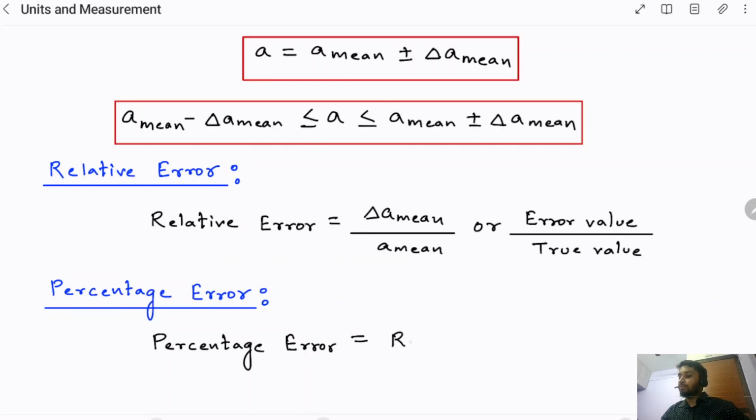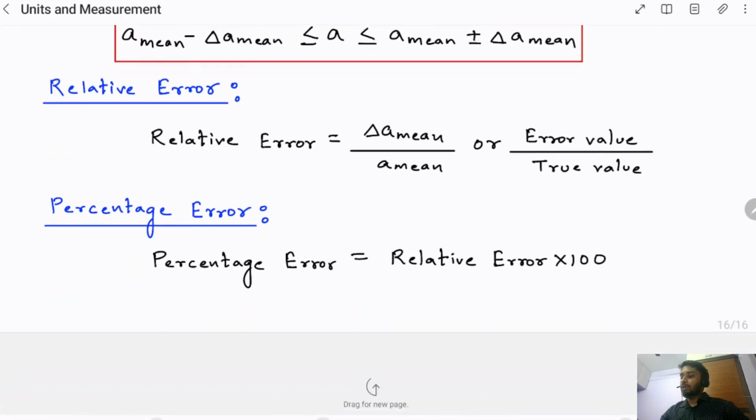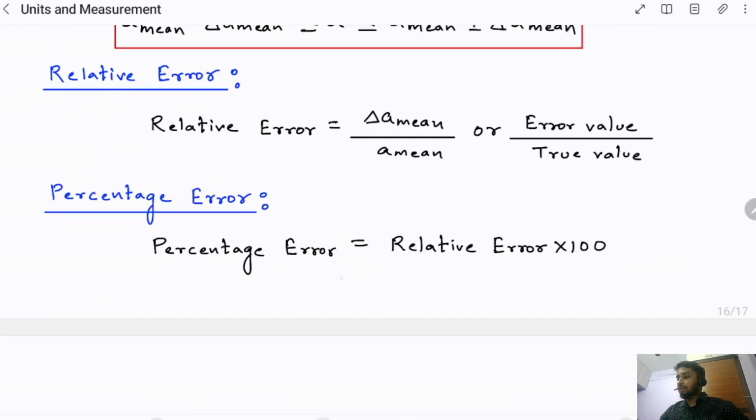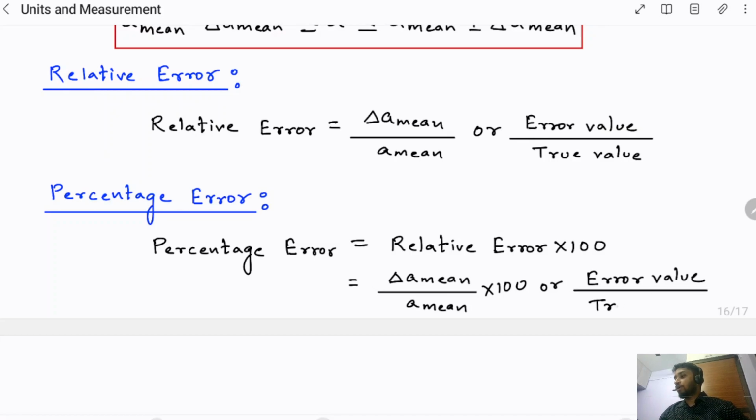Okay, so mathematically I can write this as delta A mean by A mean into 100, or error value by true value into 100. Okay, so these are important terms.